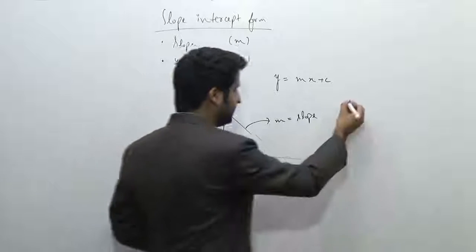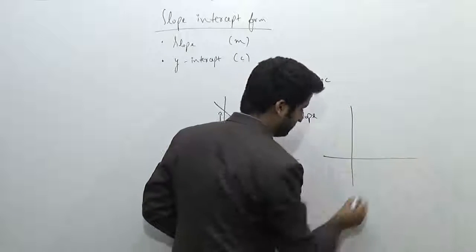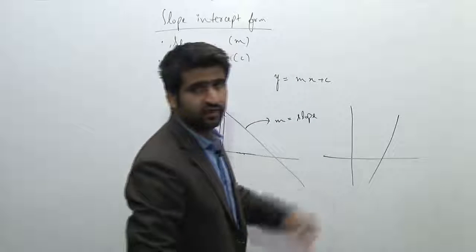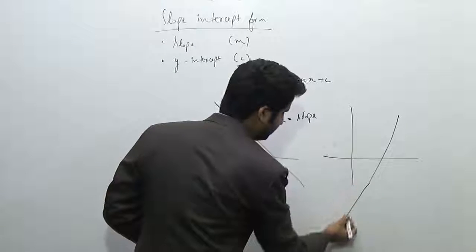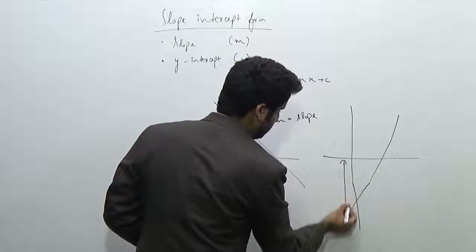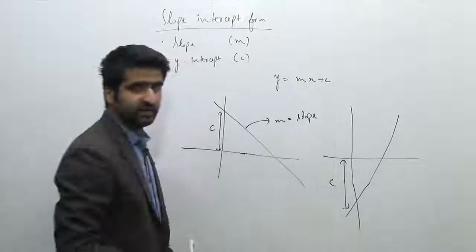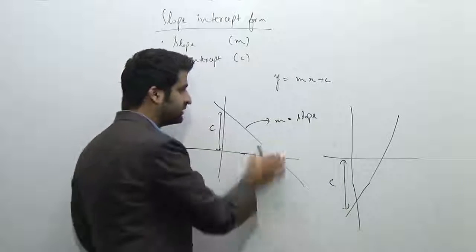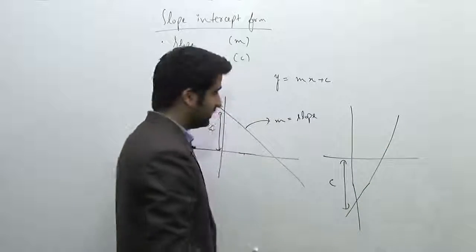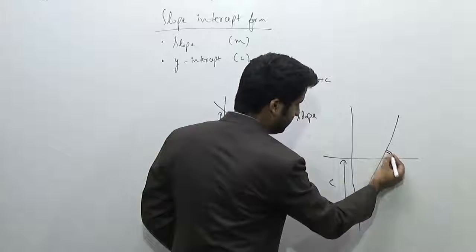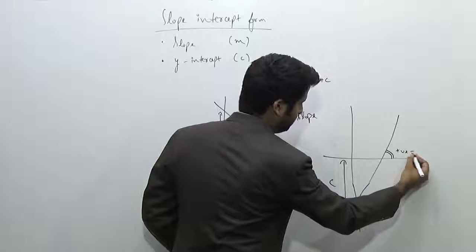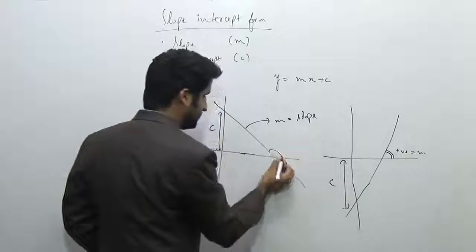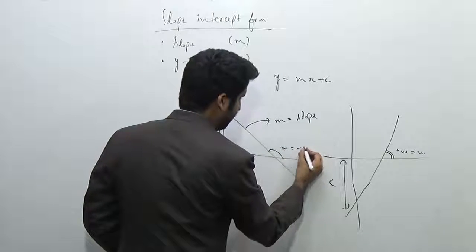Now in case of the other line which I drew first, where is the y-intercept? The y-intercept in this case will be negative. Now the value of c in this case will be negative. And what can we comment on the slopes? The slope in this case will be positive, and in this case the slope will be negative.